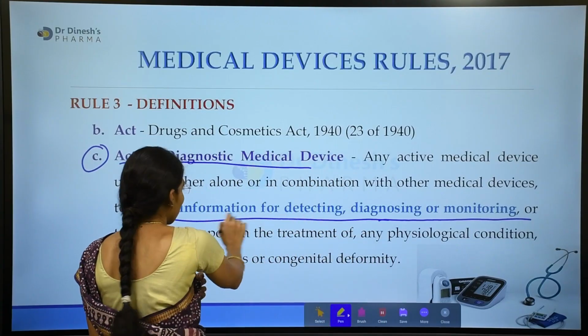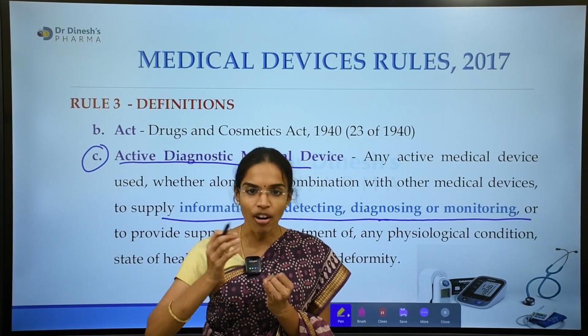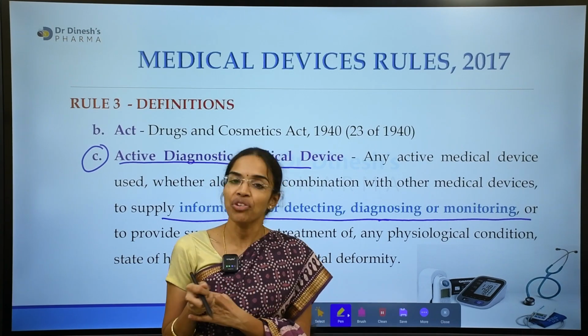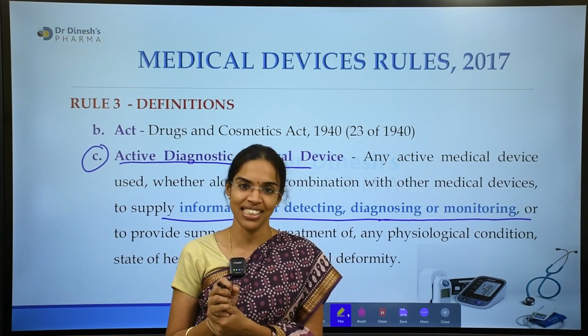What is it? Which is supplying the information of diagnosis, information of detection, information of treatment or information of monitoring.